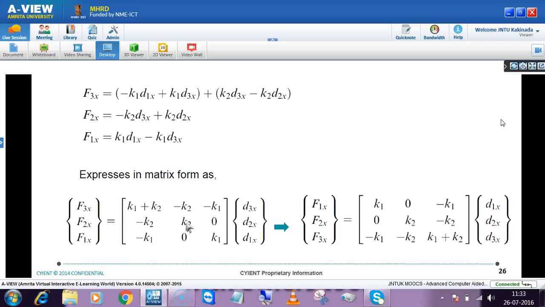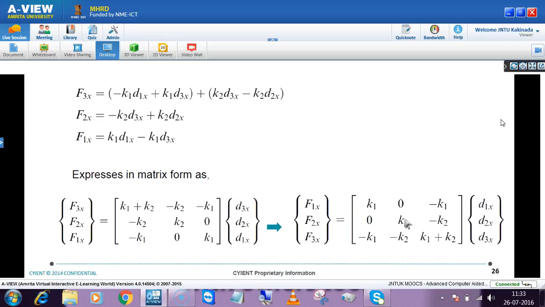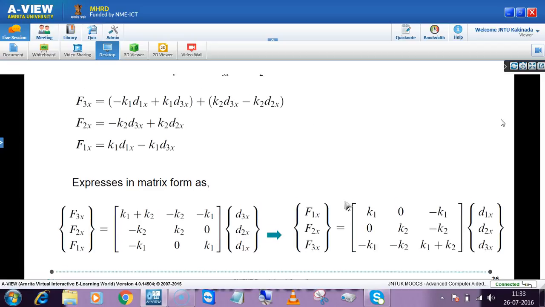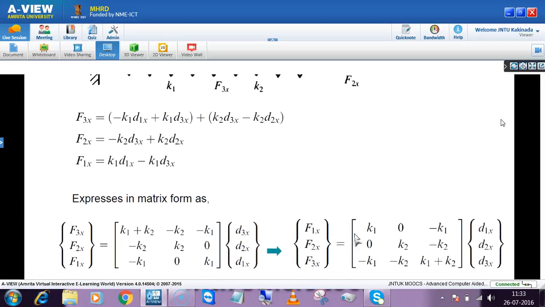So this is the matrix form as global stiffness. If you rewrite it as F1x, F2x, F3x, it's like this: [K1, 0, -K1; 0, K2, -K2; -K1, -K2, K1+K2]. So this is the global stiffness matrix for this given problem. It's a very small problem.